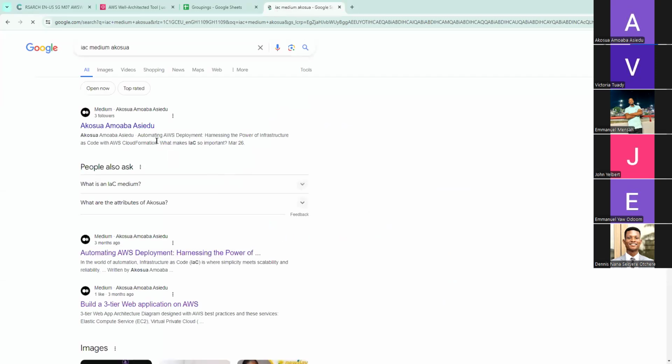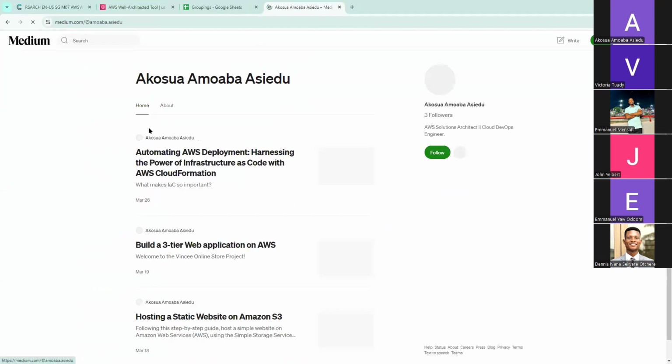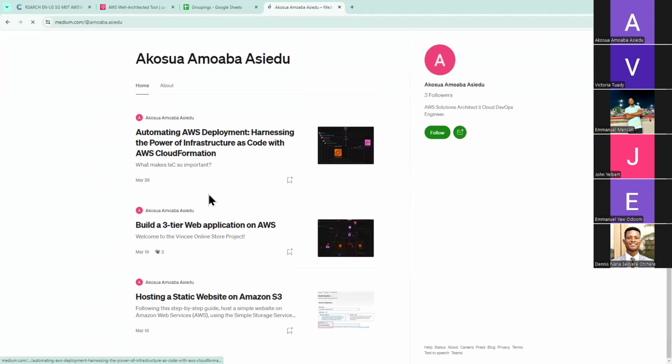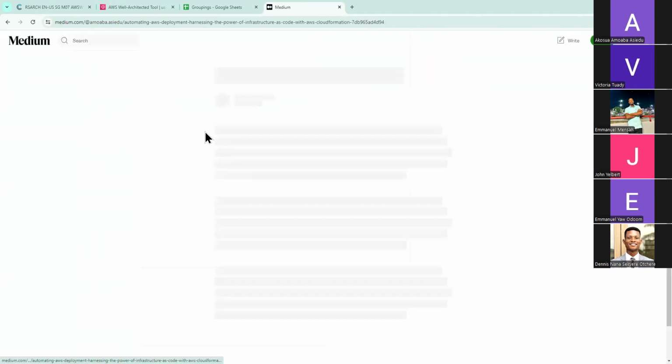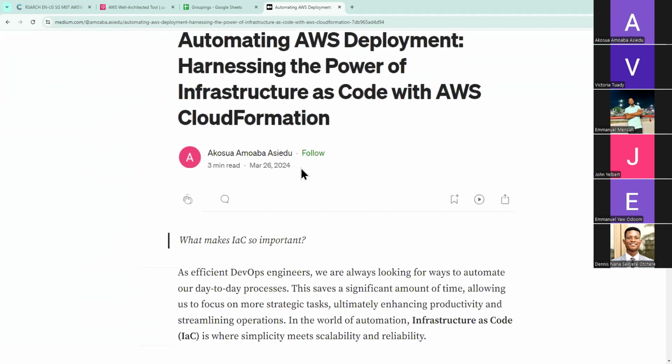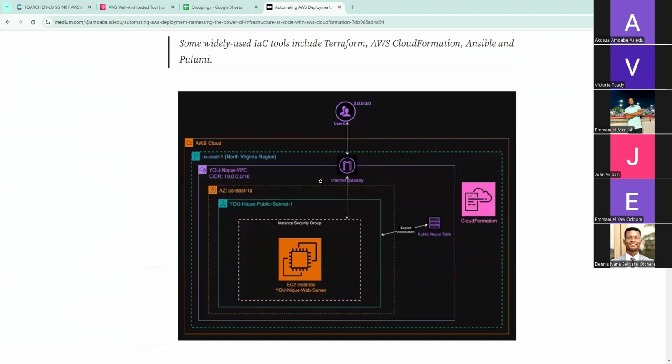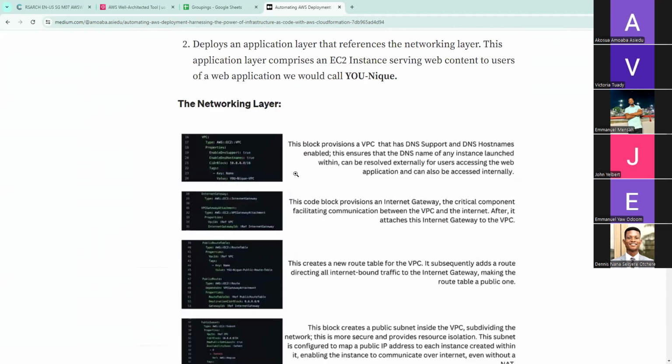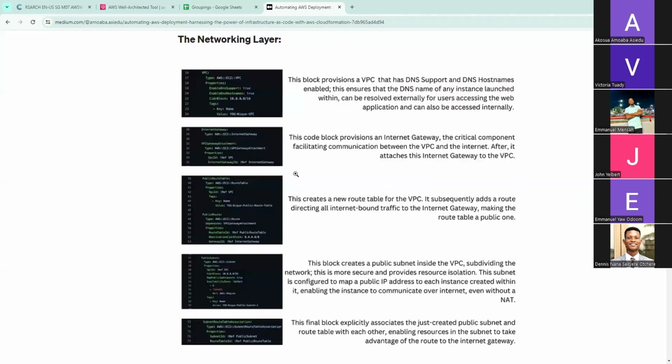So with infrastructure as code, instead of you going to the instance to click, AWS has the CLI as one way, and AWS also has a service called CloudFormation. When you go into CloudFormation, you run your scripts, and the scripts you run are going to provision all those resources for you.